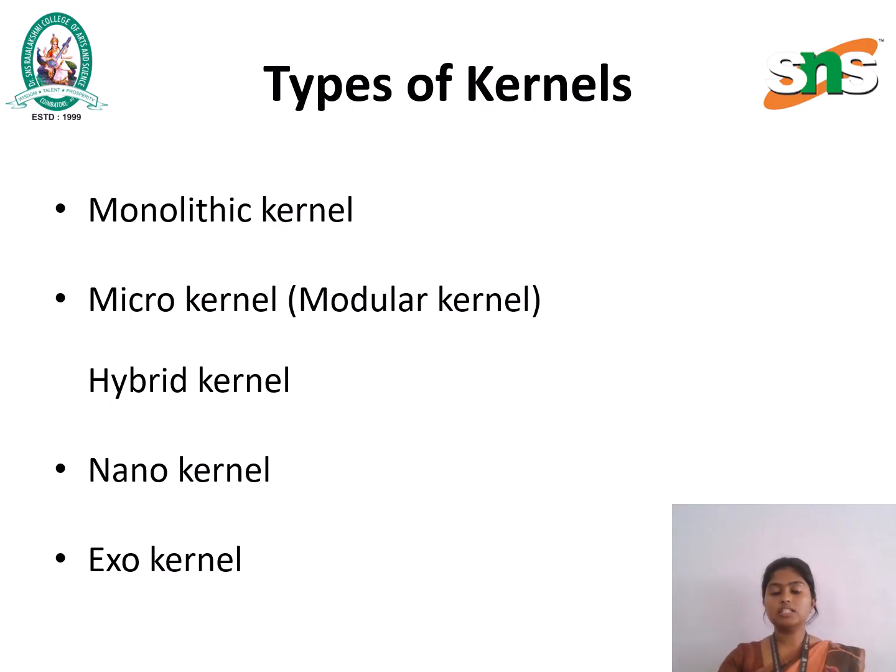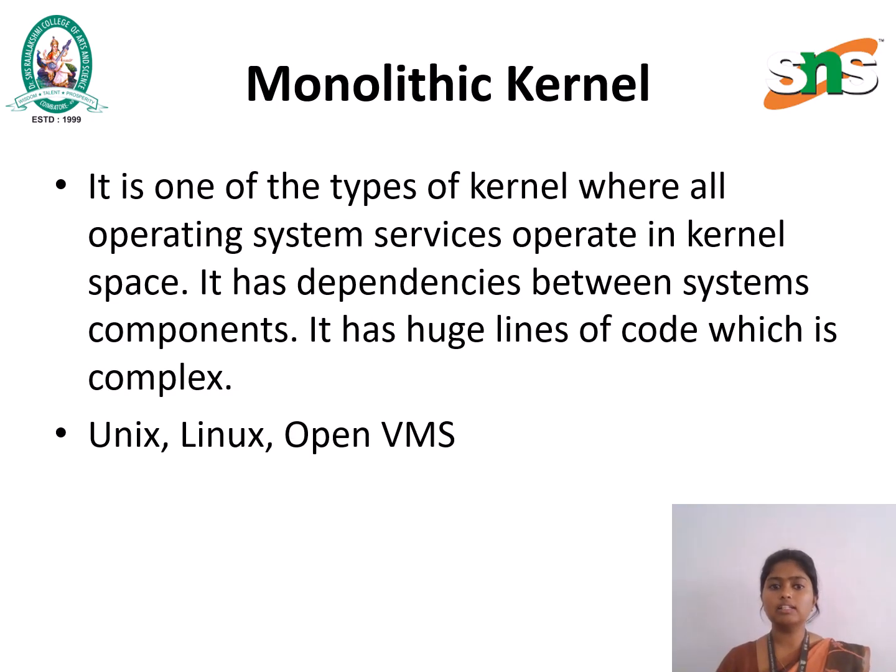The types of kernels. We have to learn about monolithic, micro, hybrid, nano, and exokernel. Monolithic kernel is one type of kernel where all operating system services operate in kernel space. It has dependency between system components.